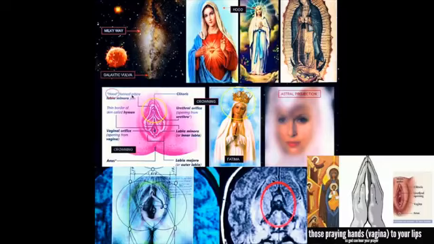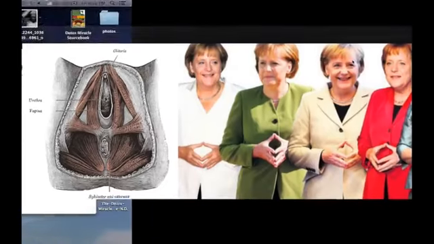And in the anatomy, we have the hood, which forms the labia minora. Again, this is what's called the prepuce, the clitoral prepuce, and the hood of the Virgin Mary. And again, the praying hands referring to the goddess, the female anatomy, the female goddess aspect.